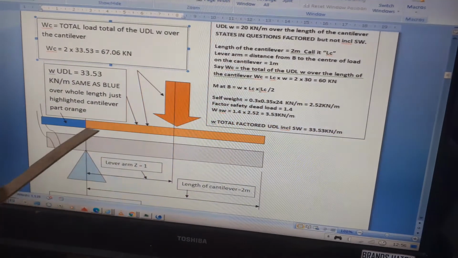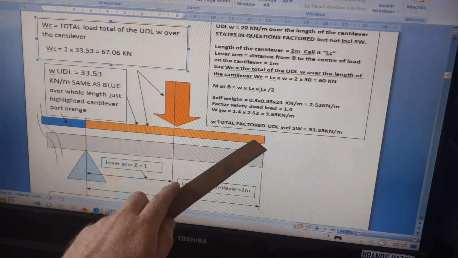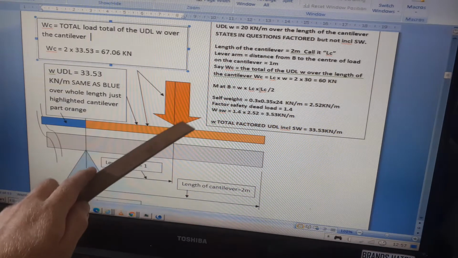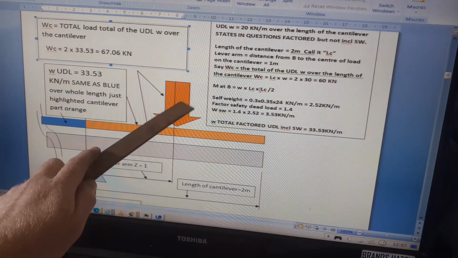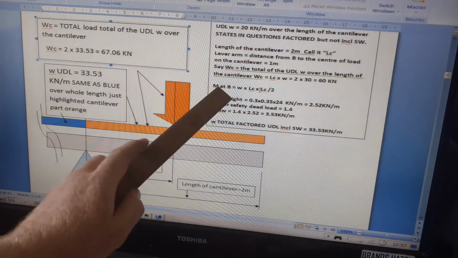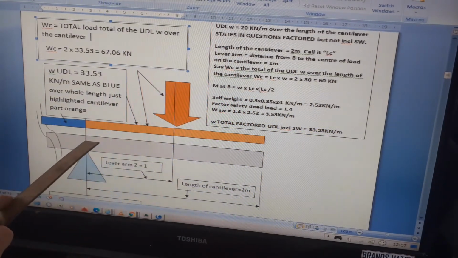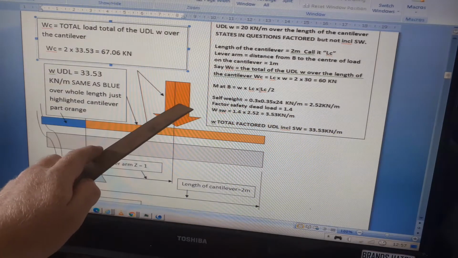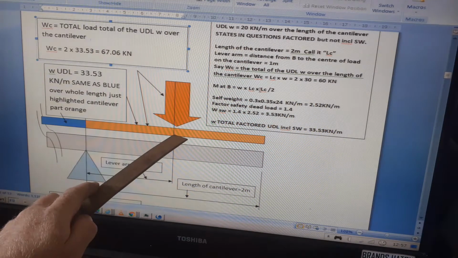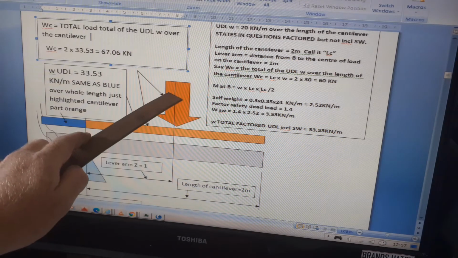The orange section is the same UDL across the whole beam, but I've highlighted the UDL on the cantilever in orange, and the equivalent point load of the UDL over the cantilever is the orange arrow there. That total is 2 times the little w. To find the moment at the support, which is B, we take the equivalent point load, which acts at the centre of the UDL over the cantilever, and multiply it by the lever arm.